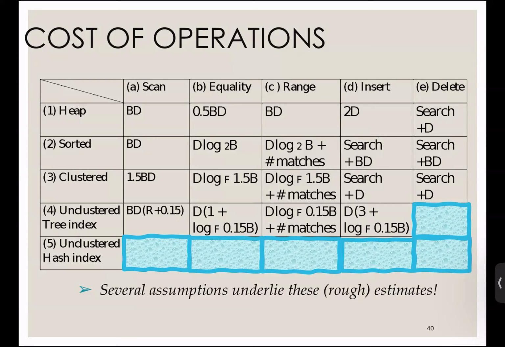First thing that I could do, because this is a heap file, is insert the same way as heap. So I can insert the new record in the heap file at EOF.